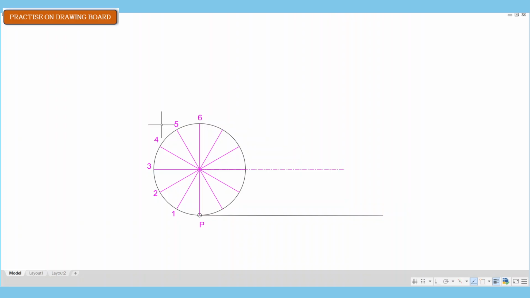Okay, so once we have this, what we can do would be for us to divide the center line, which is pi d divided by 2 in this case, into 6 equal parts.